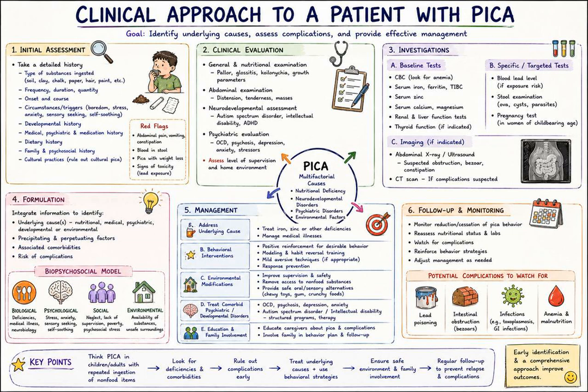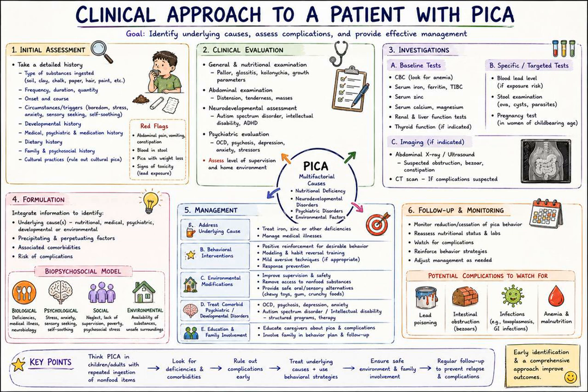Determine whether the primary contributors are nutritional deficiencies, medical illnesses, psychiatric disorders, neurodevelopmental disorders, or environmental factors. Identify precipitating and perpetuating factors, associated comorbidities, and estimate the patient's risk for complications. A biopsychosocial formulation provides the most comprehensive understanding of the condition.